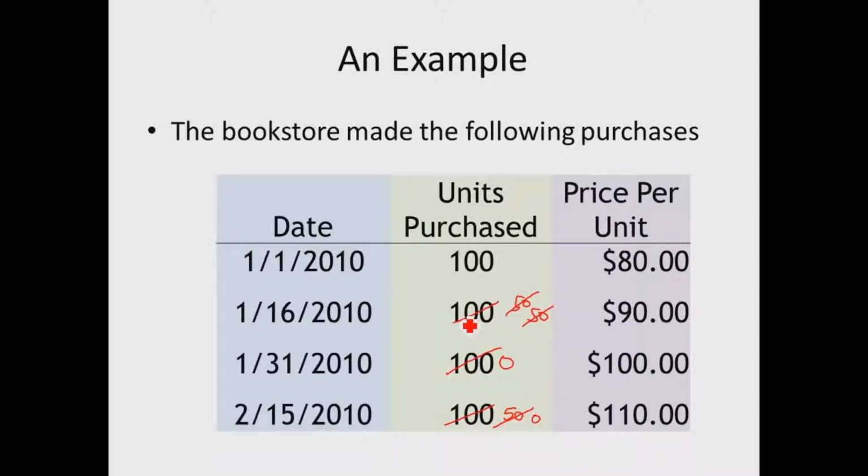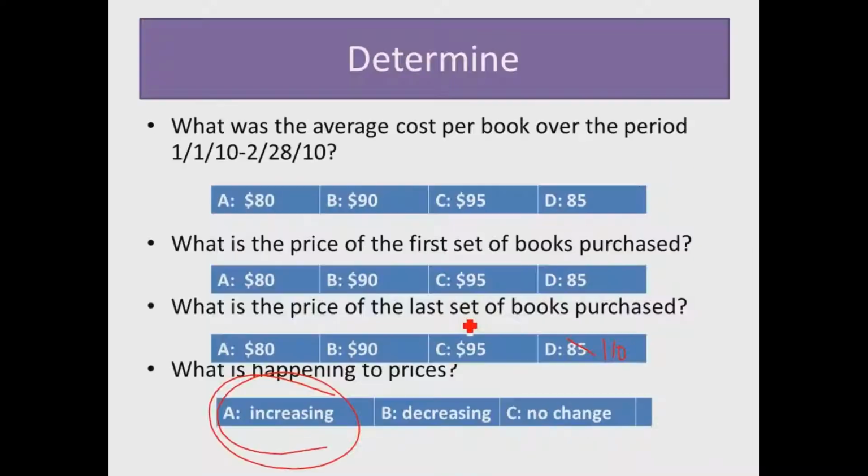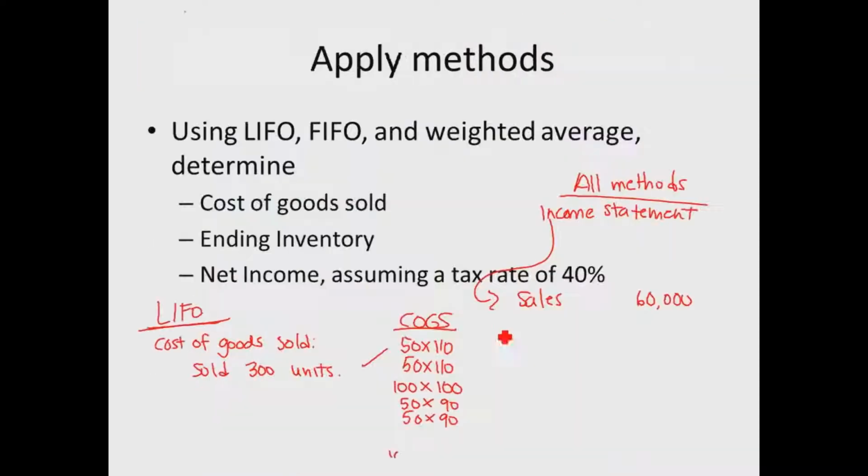So what do I actually have as my ending inventory? Of the units I have left, which ones do I have left? I have the first ones. I have 100 units at 80. Now, just confirm that whether we go forwards or backwards, you would get the same answer.